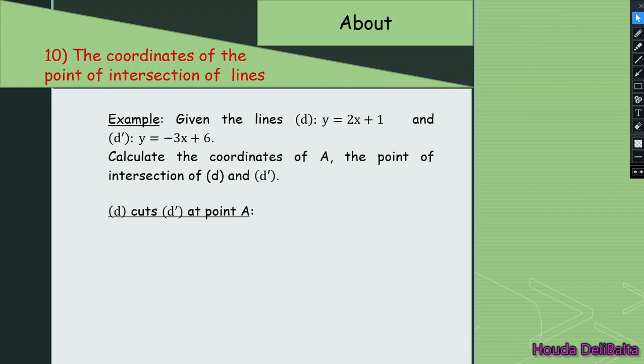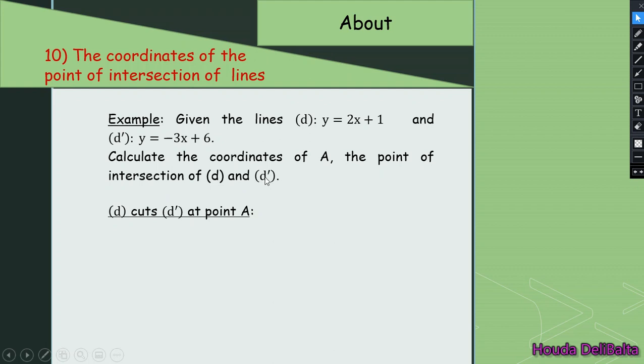And here is also an example, because we have to explain these ideas using examples in order to make things simpler and easier. Given the lines D of equation y equals 2x plus 1 and d prime of equation y equals minus 3x plus 6. We have to calculate the coordinates of the point A, the point of intersection of D and D prime together.